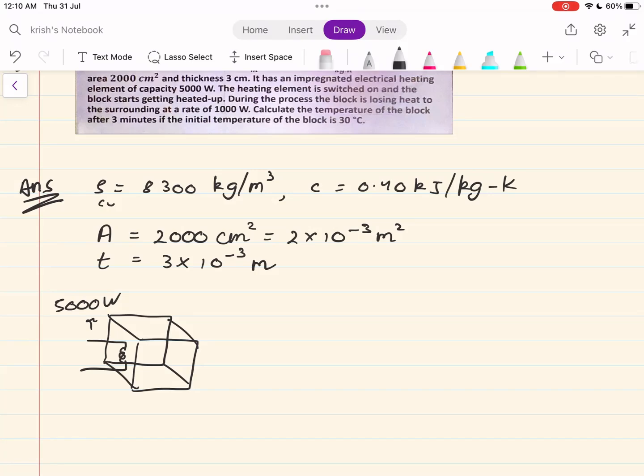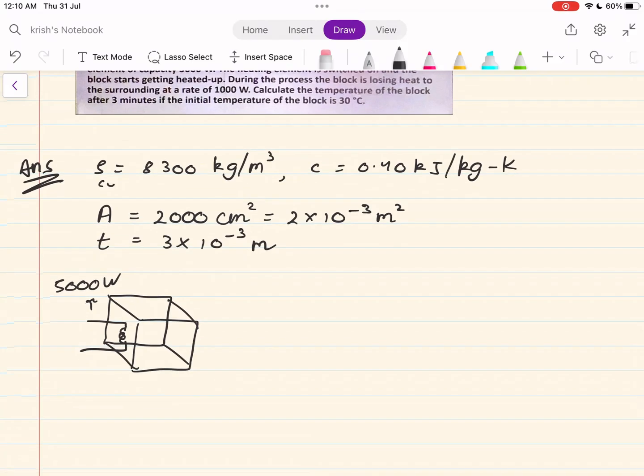Okay, so there's a few things going on here, right? So the heating element is heating the block at a rate of 5000 watt. So the rate of Q in is 5000 watt plus because it's going in, and the rate of Q out is minus 1000 watt.